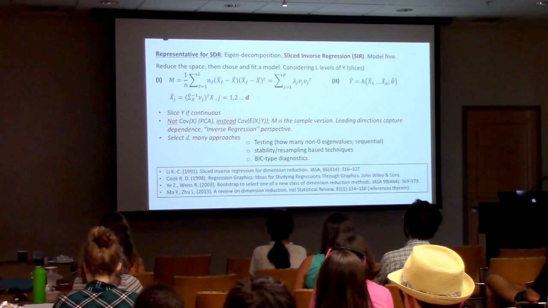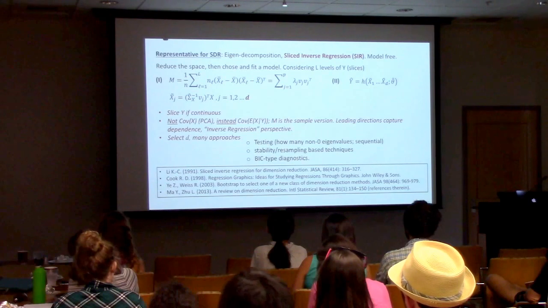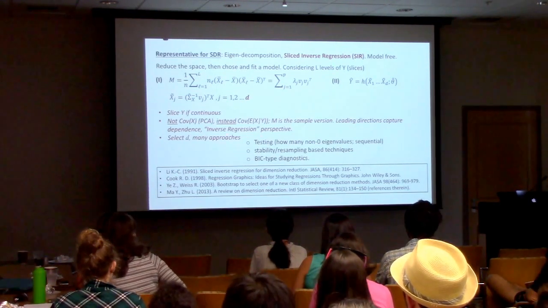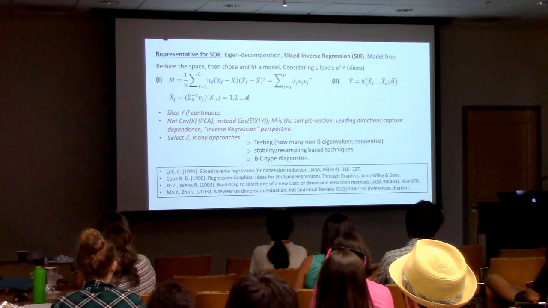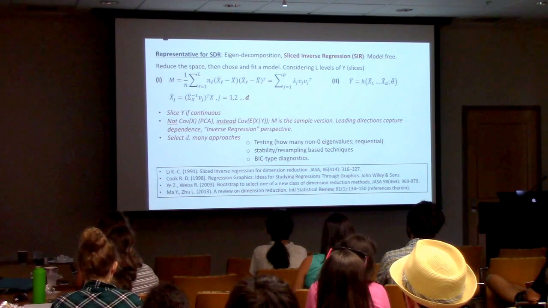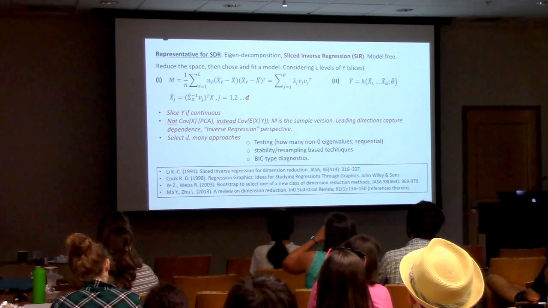The thing to point out is that you're not using the covariance of x. It's not PCA. Instead, you're using the covariance, at the population level, of the expected value of x given y. M is the sample version of that. So the leading directions of this covariance matrix actually capture the dependence between x and y.